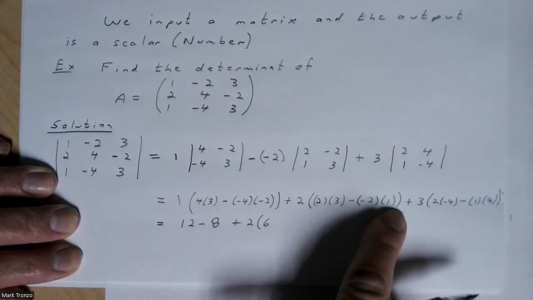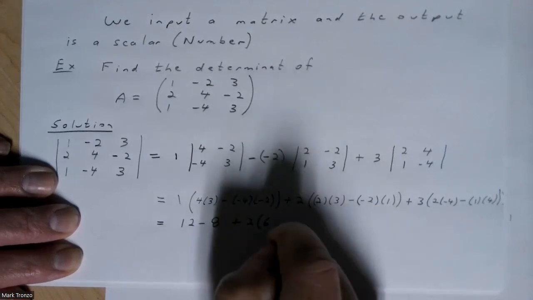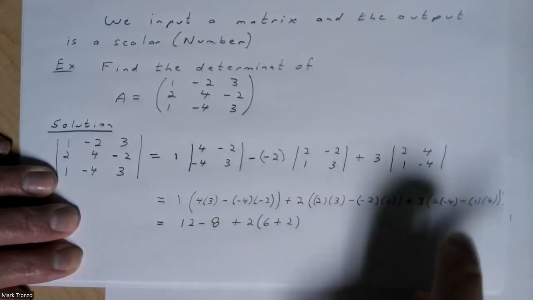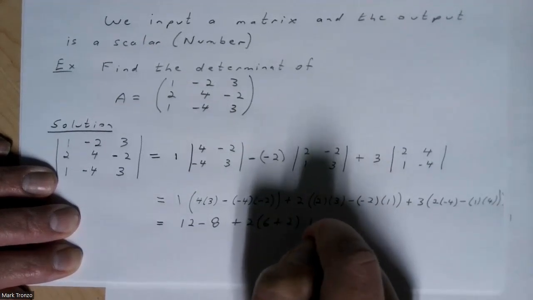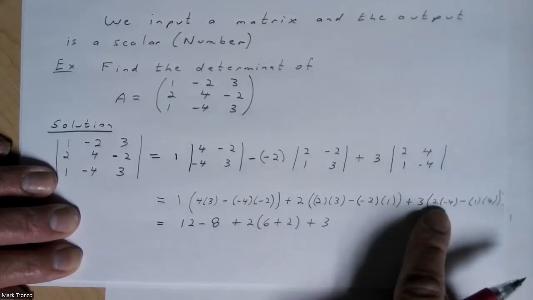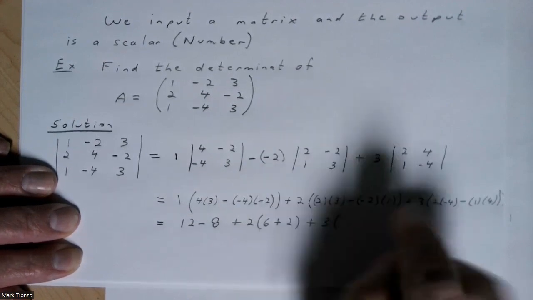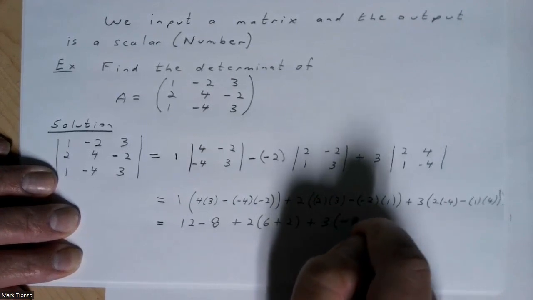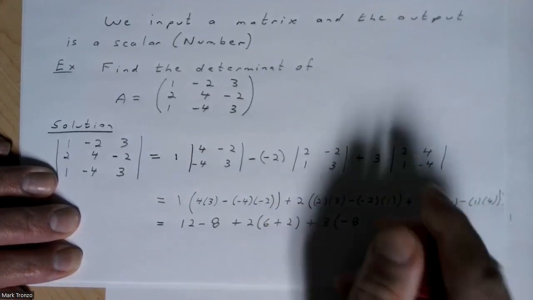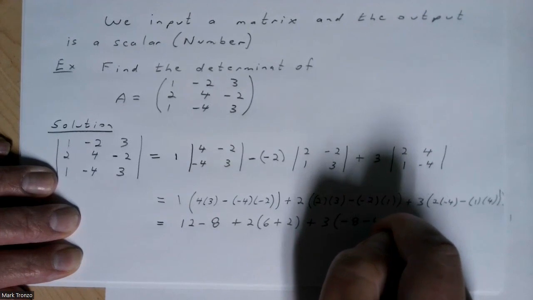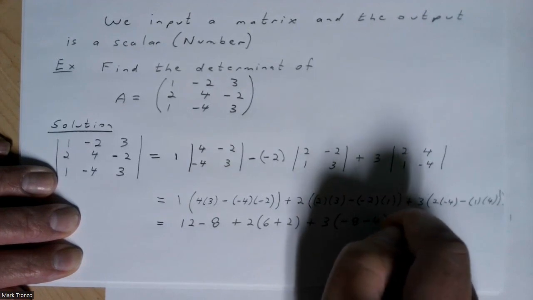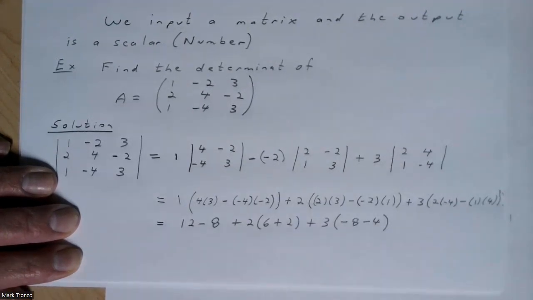That's going to be a negative 2, but to the negative of that. Plus 3. And this is 2 times negative 4. That's negative 8 minus 4. Like this.